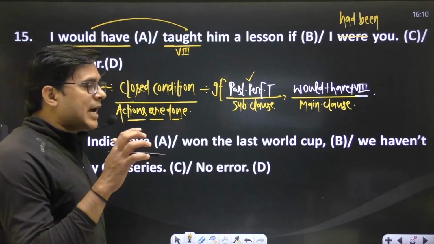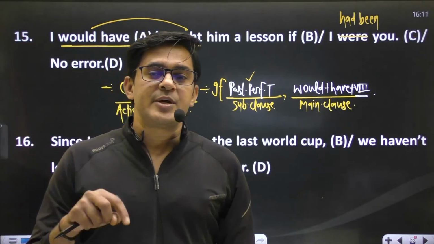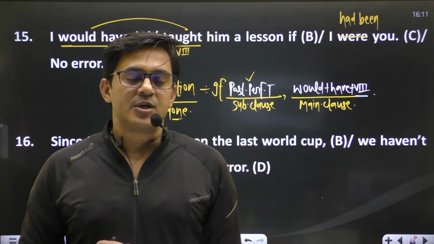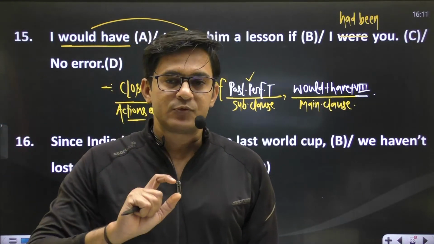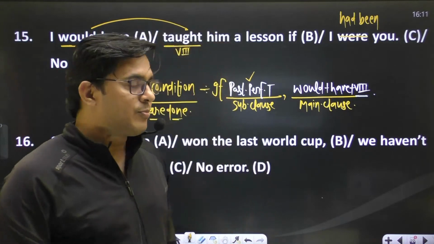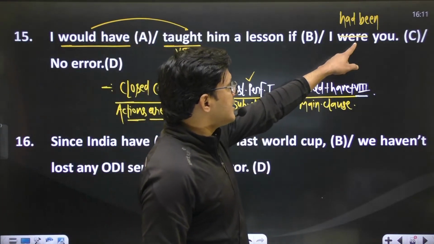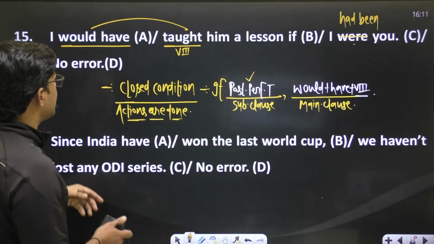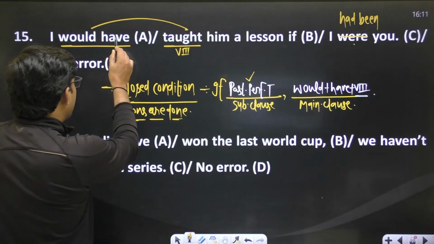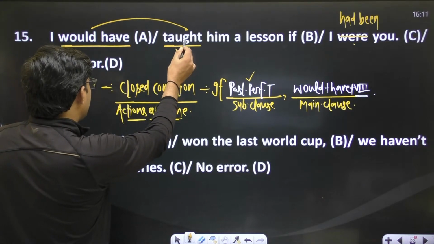We have another condition also, that is semi-closed. In semi-closed condition, we have a combination of past indefinite and would plus V1. If you consider it past indefinite, and want to make it would plus V1, you will have to drop have and make it the first form, teach.